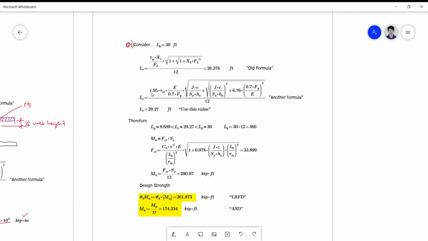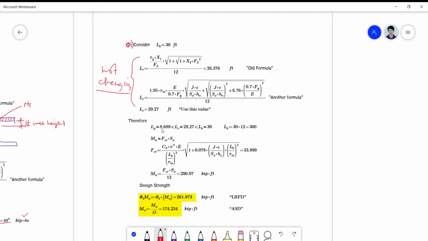This does not change because this is a sectional property. It's nothing to do with the external condition.